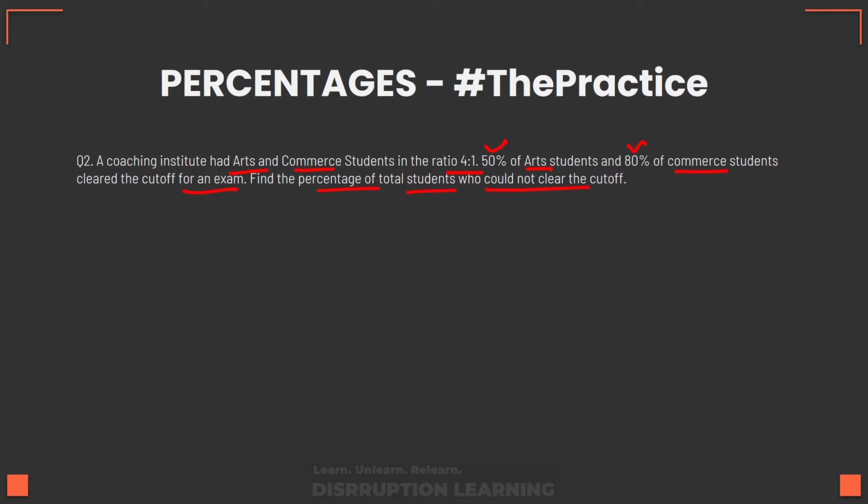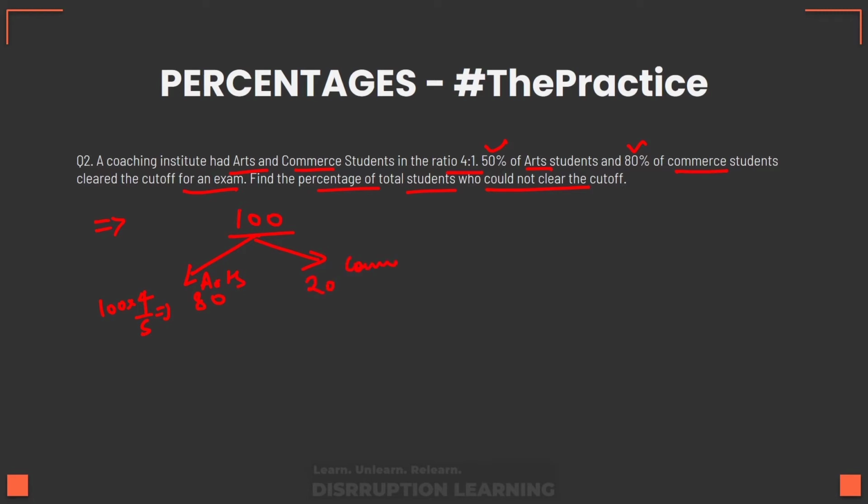Now for this question too, we shall assume that there are a total of 100 students in the institute. Now these are divided into 4:1. So 100 into 4 by 5, that is 80 students. These are art students, right? And the rest 20 students are commerce students.